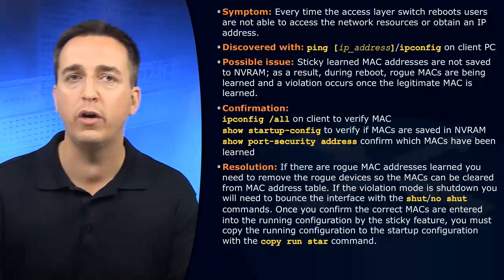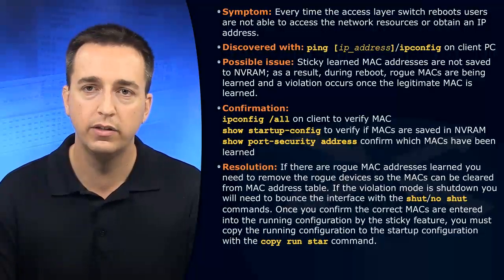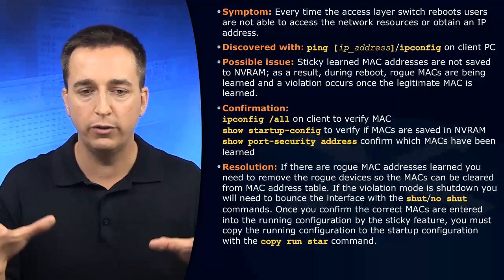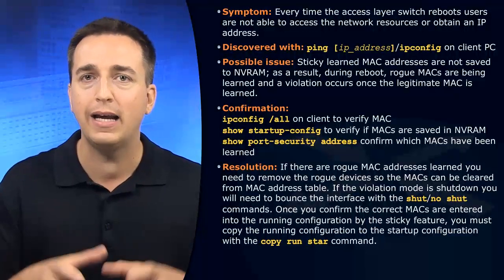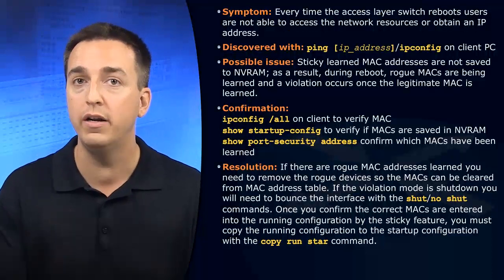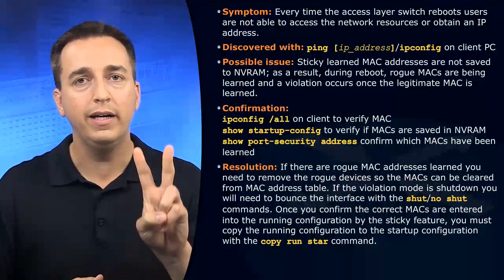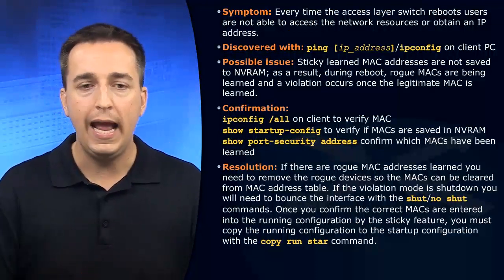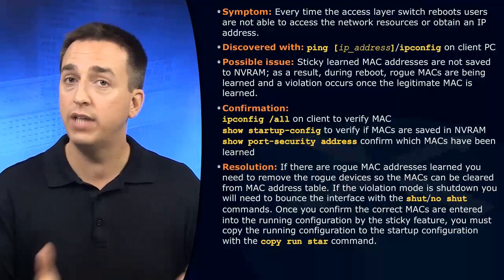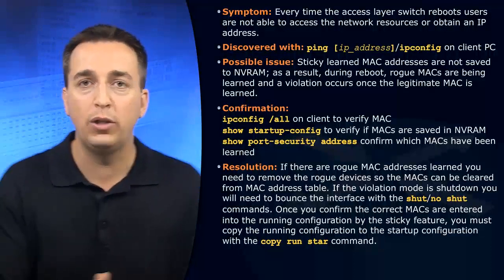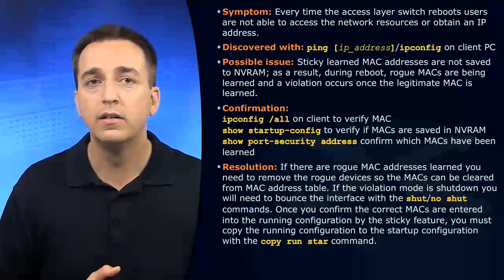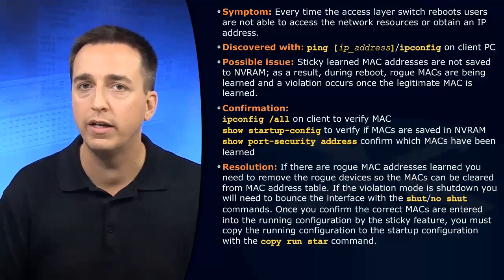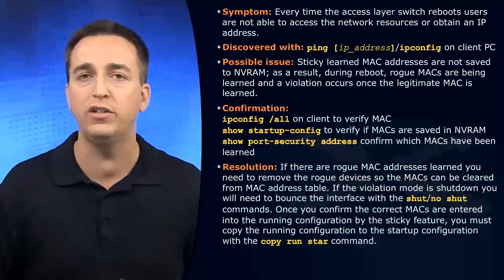So what type of issues can we run into in this particular case? Well, once that address is added to the running config, it becomes one of those secure MAC addresses in the table that can't be overridden by another device. So if you have it set for 2 MAC addresses on that port, and 2 are learned, and then all of a sudden that user unplugs and walks away, and another user plugs in, is that address still in the running configuration that was learned by the sticky feature?